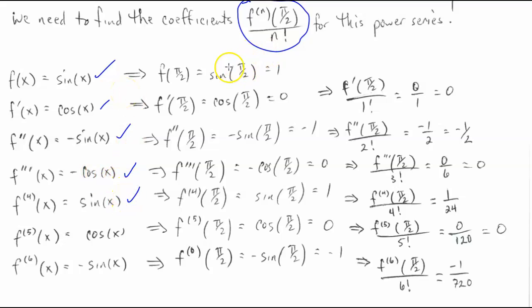Okay. If we evaluate sine of pi over 2, it's going to be 1. Cosine of pi over 2 is going to be 0. Okay. And then, of course, we'll get the negative in here because sine is negative there. And of course, I'll get the negative here because sine is negative there. So we see all that. So that means that here, what we're looking at, this is going to be our c sub 1 term.